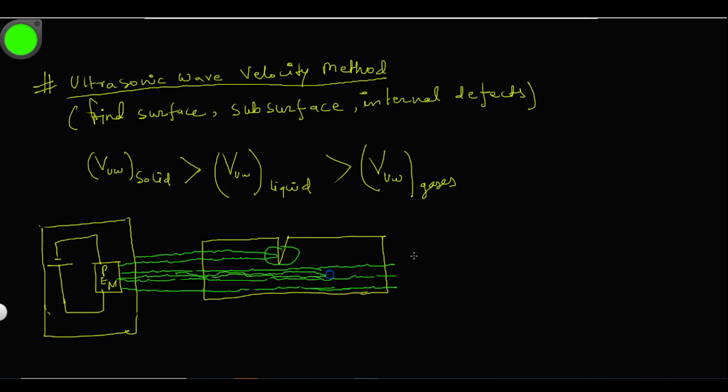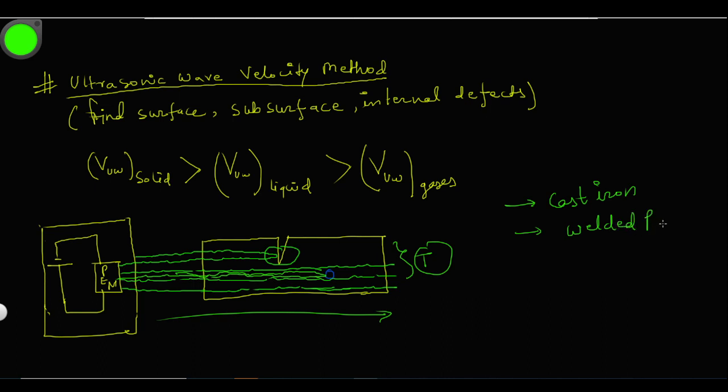Here we calculate the time interval by which it comes back. This sound wave passes through the material. So by this we come to know about the defects in the material. It is used to detect defects in cast iron and welded part inspection.